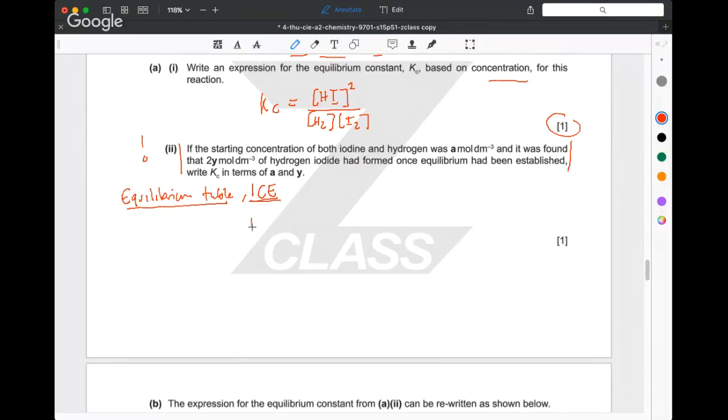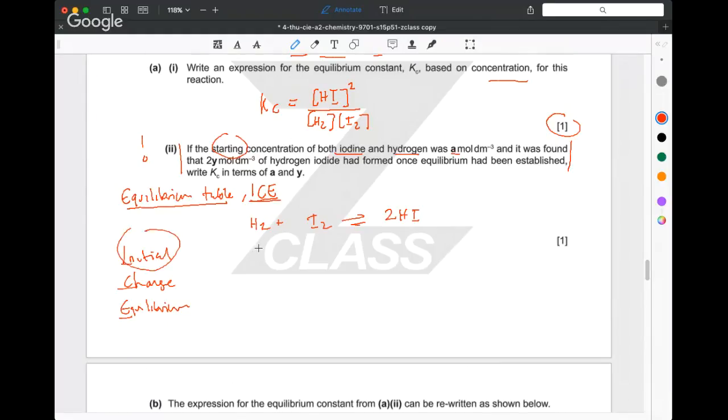And what it is is this. So here's our equation. And this ICE stands for initial, change, and equilibrium. Okay, ICE. And it says the starting concentration of iodine and hydrogen was A. So this is the starting concentration, or the initial concentration.